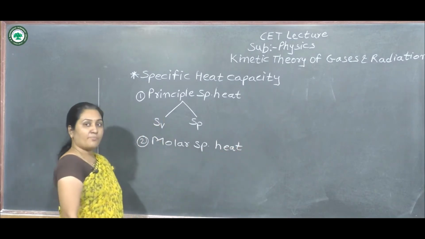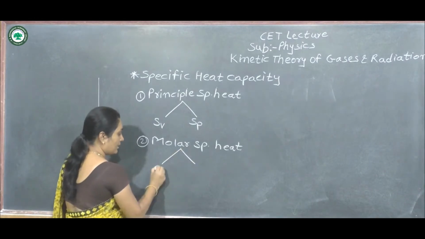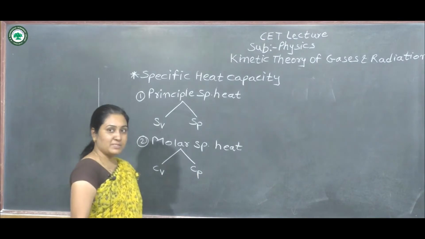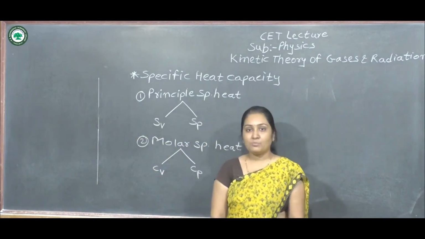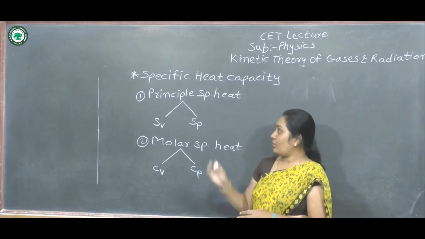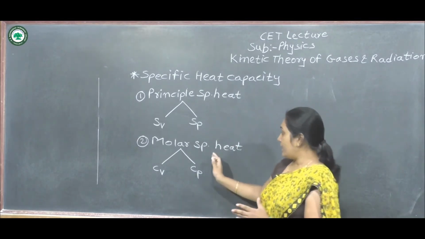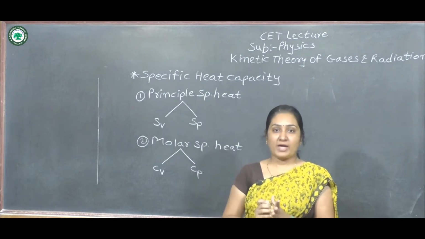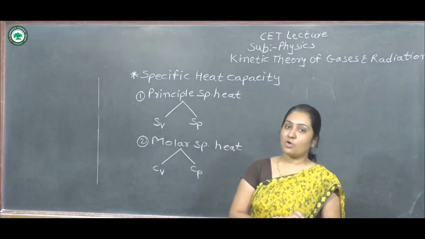In case of molar specific heat also, there are Cv and Cp, that means molar specific heat at constant volume and molar specific heat at constant pressure. Now in molar specific heat, we are using 1 mole of gas, and in principal specific heat we are using unit mass of gas.